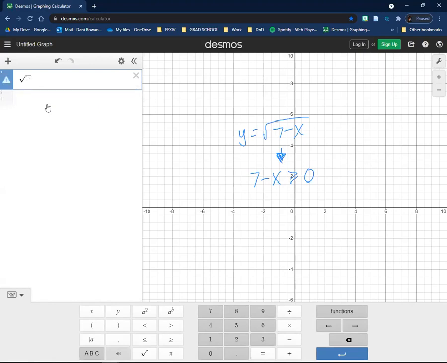But if I were to put in the square root of, say, x, and just look at that, where does it start? Zero. It started at the origin. It starts at 0, and where does it go off? Infinity. It goes off to infinity, and it's all positive numbers. So this particular graph is never going to be a negative number. Otherwise, it's undefined.